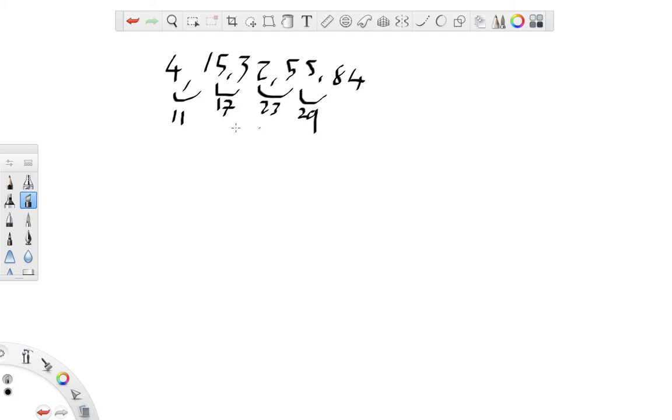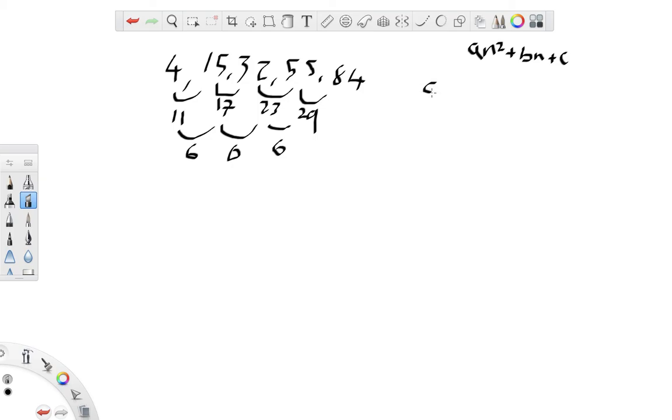Then we find our second difference. The difference between these numbers is 6. The difference between 23 and 17, well, that's 6. And the difference between 29 and 23 is 6. Again, like I said before, we should be getting the same number out for the second difference. It should be going up by a constant amount for our second difference. So we want something that is of the form an squared plus bn plus c.